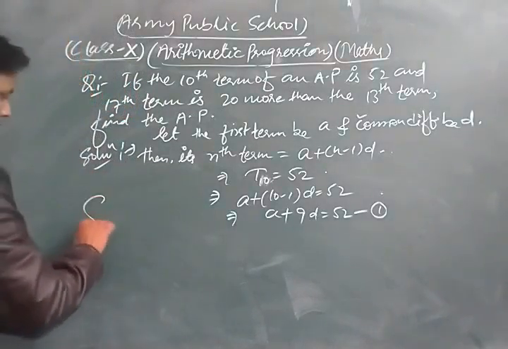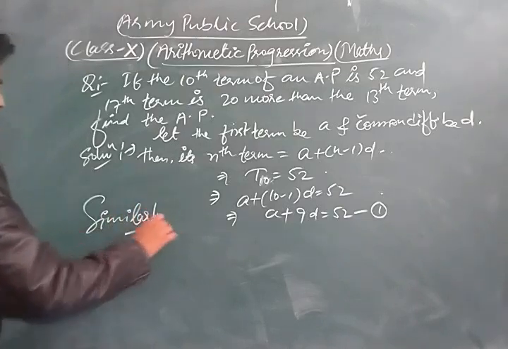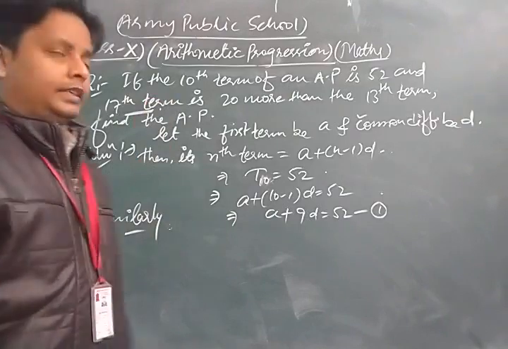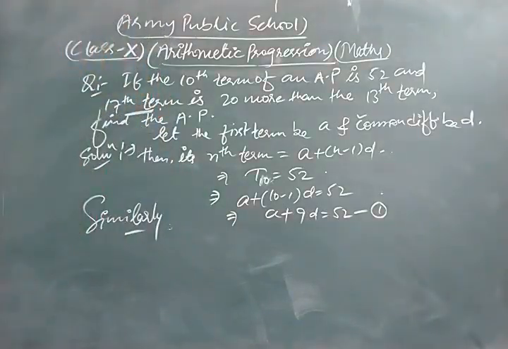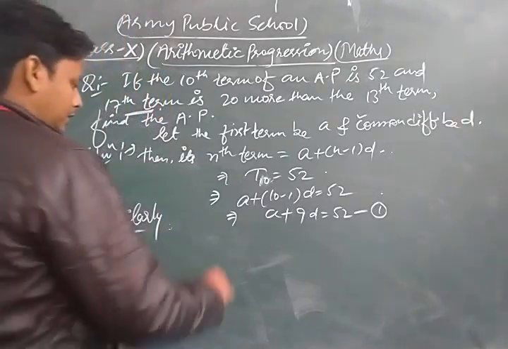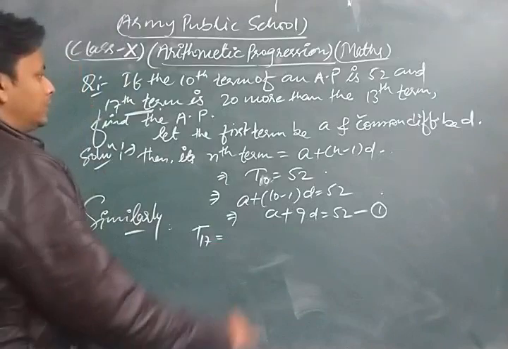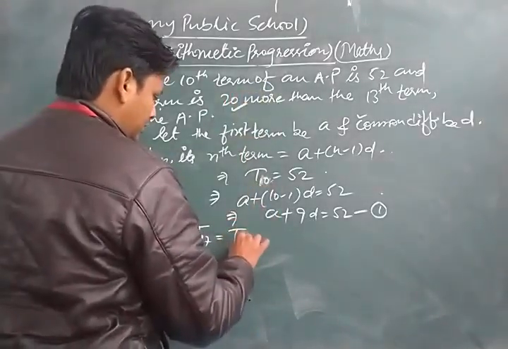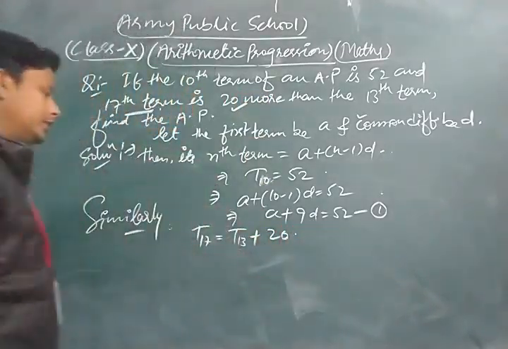Similarly, we apply the second condition. The 17th term, T17, is 20 more than the 13th term, meaning T17 is equal to T13 plus 20.